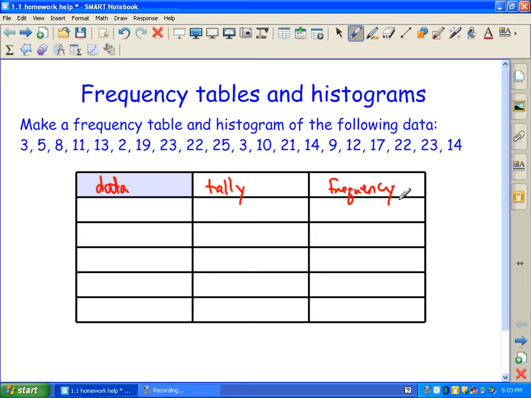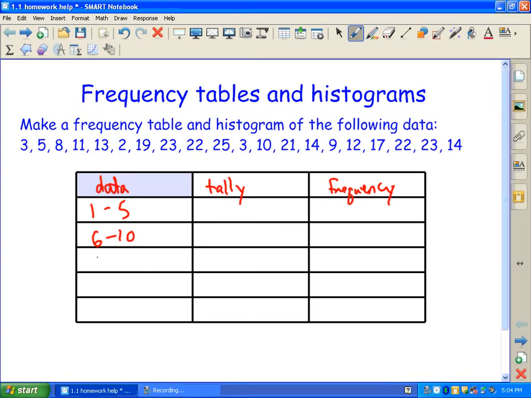And so when I'm setting up my intervals, they have to be even size intervals. If I go from 1 to 5, then my next one would have to be 6 through 10.